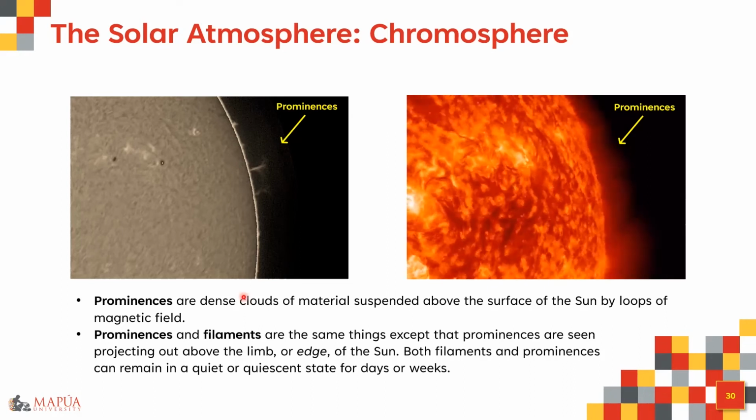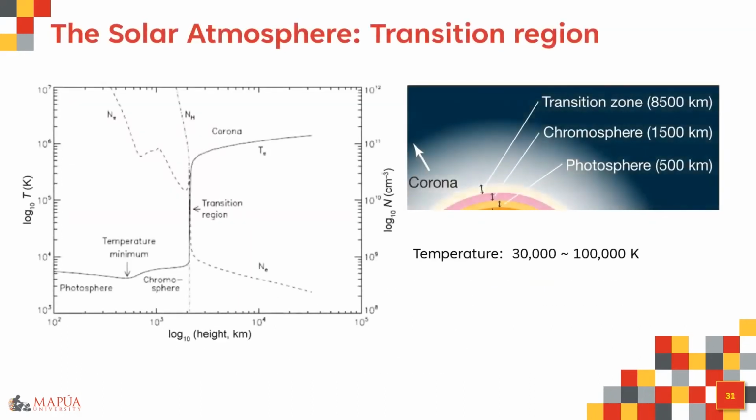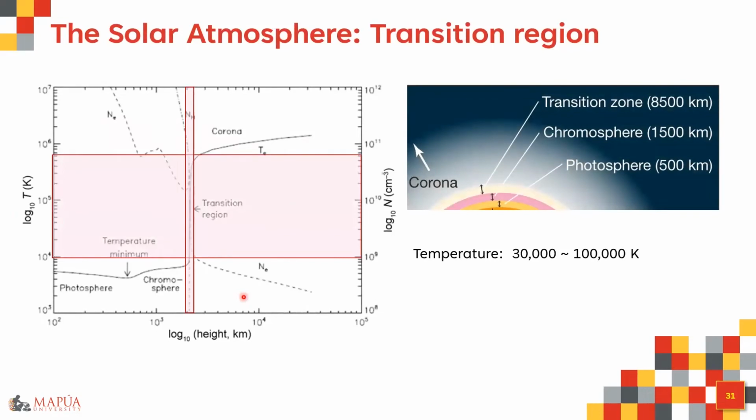As I mentioned earlier, the chromosphere is followed by a sharp rise in temperature and a sharp decrease in density. The temperature of this region ranges from about 10^4 to 10^5 Kelvin or more.